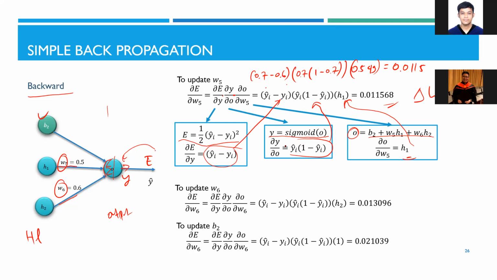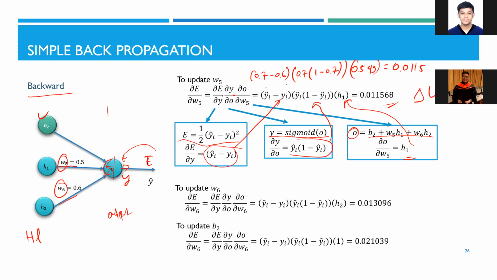I will continue. So the same chain rule can be applied for W6 if we want to calculate the updating step for W6, this one.